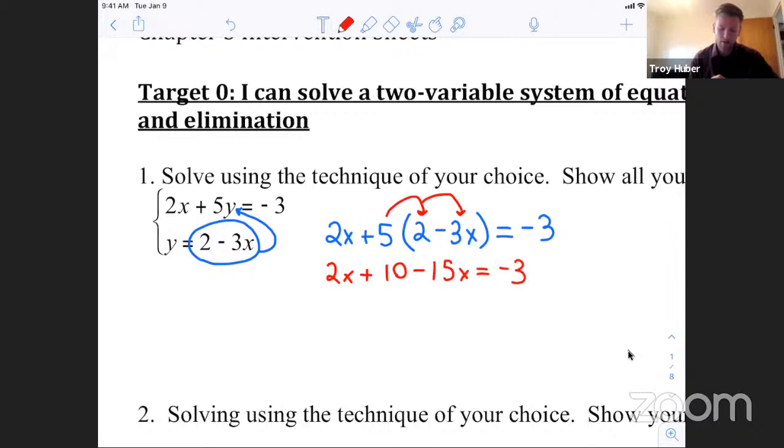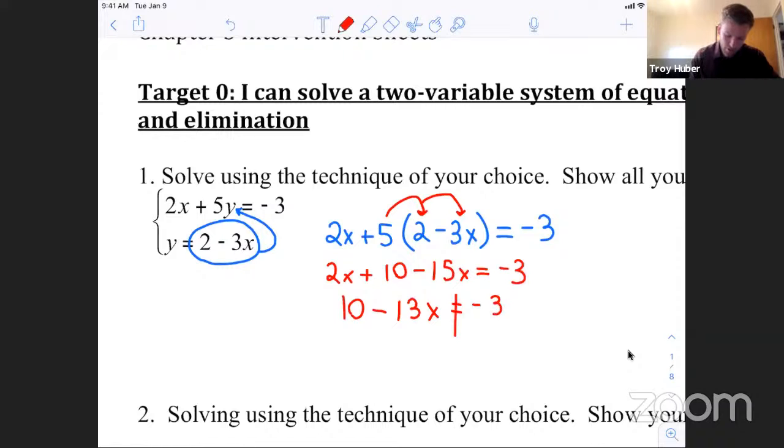Now I'm going to combine my two x terms. So I have 10, and 2x minus 15x gives me a negative 13x, is equal to negative 3.